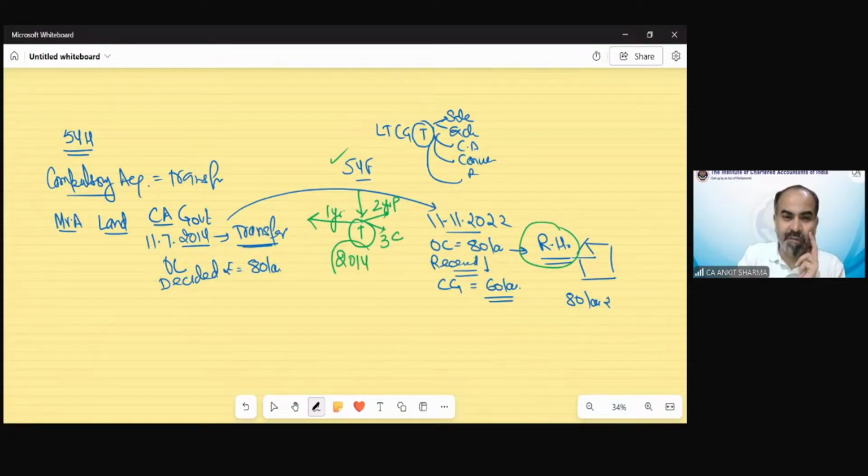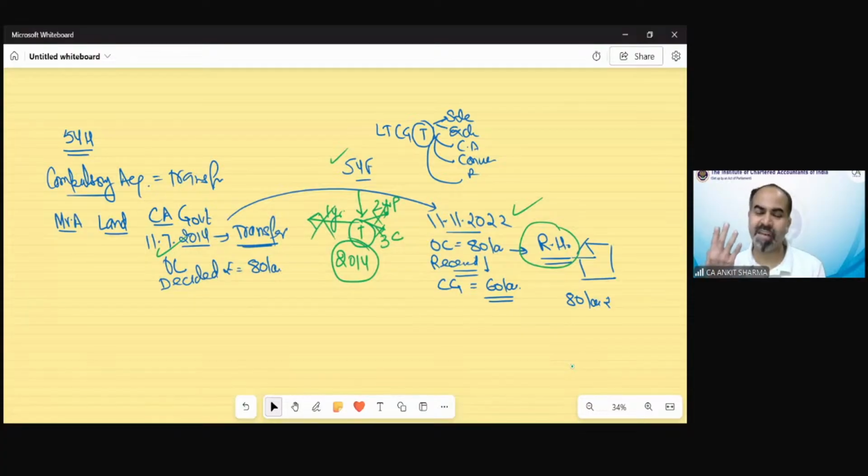Students, the date of transfer is 2014. And the new house has been purchased in 2022. So this house cannot fall in any of these time durations. So section 54F says we cannot give you exemption because your time duration has elapsed.